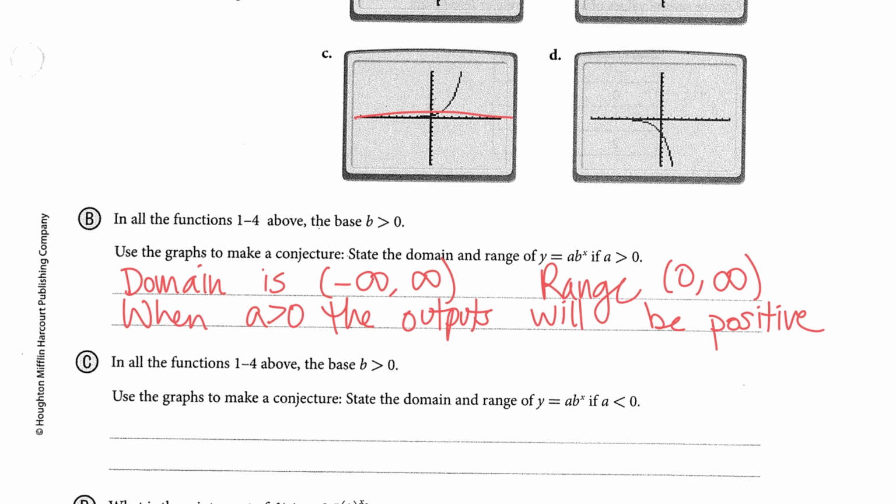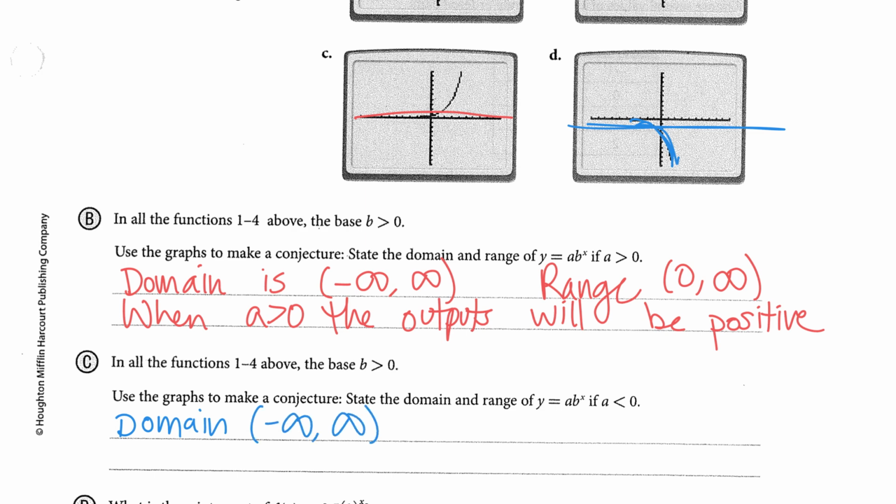In all of the functions, b is greater than 0. Use the graph to make a conjecture. State the domain and range of the function if a is less than 0. In the case where a was less than 0, we see that it's below the x-axis. The domain is still all real numbers because we can put in any x value along that x-axis.